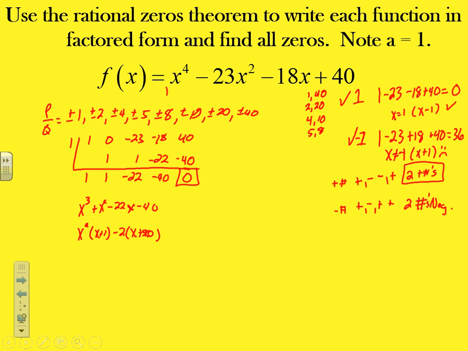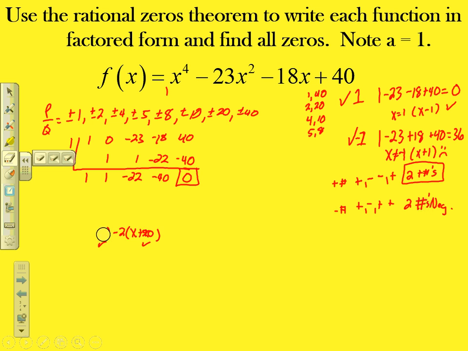And you can see that this expression here and this expression here do not match, so we can't really factor this one by grouping, unfortunately. So the only other thing that we can really do at this point is to try and continue dividing.